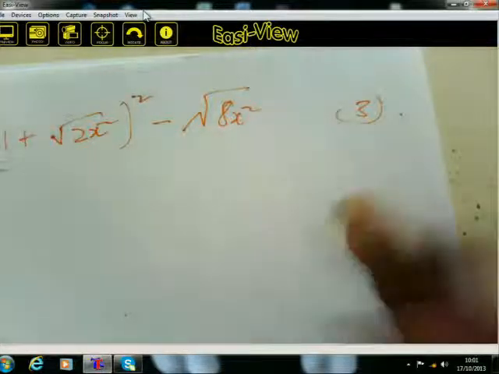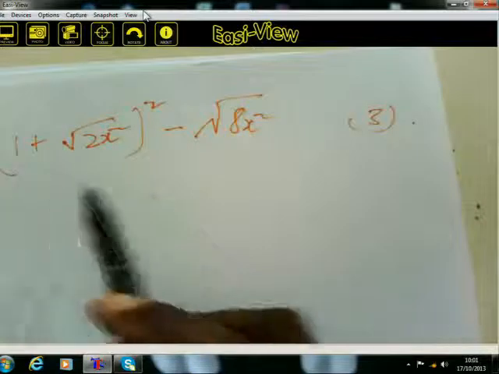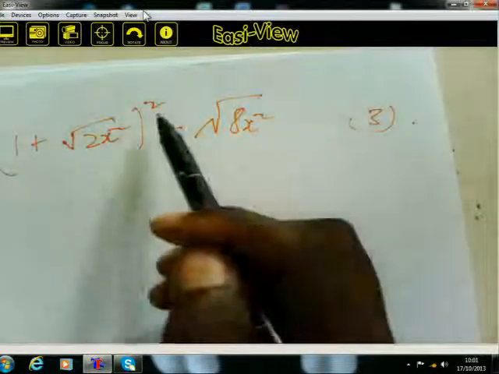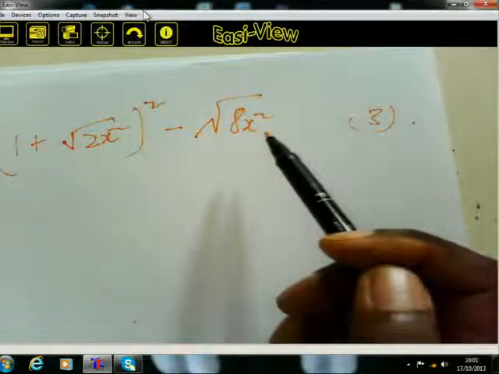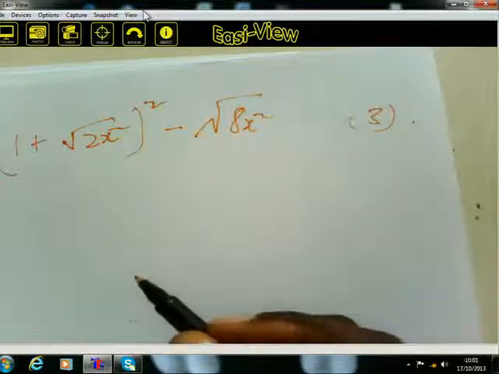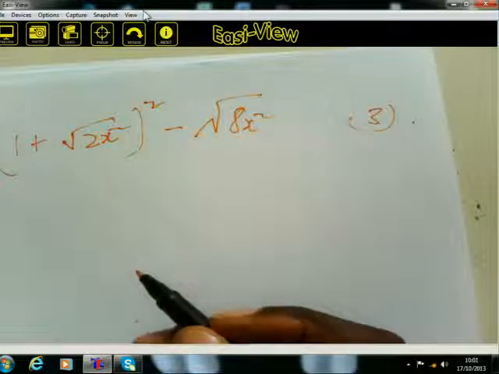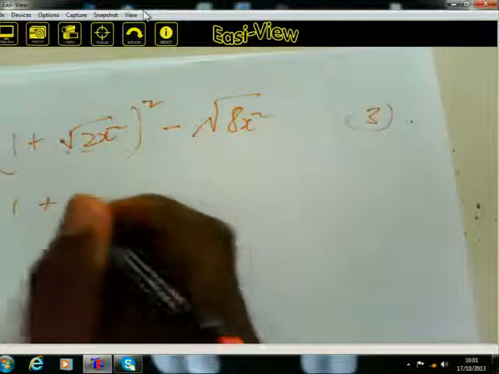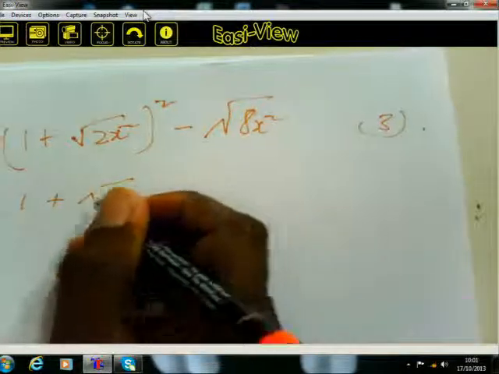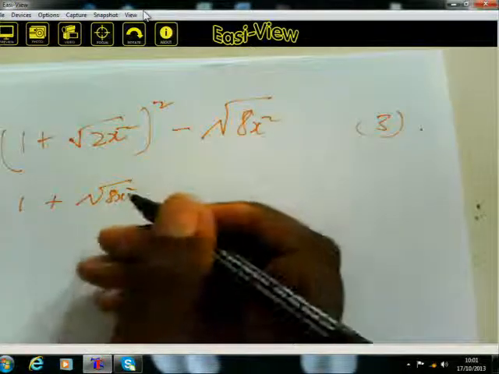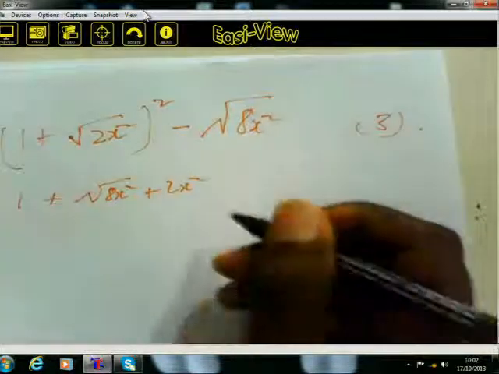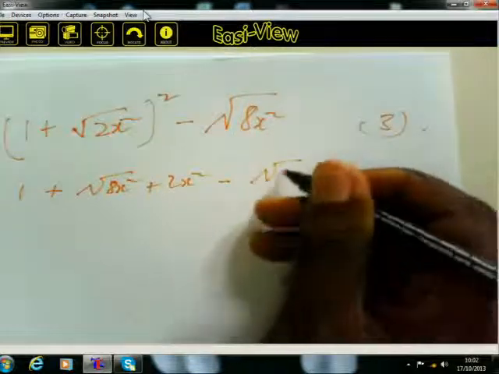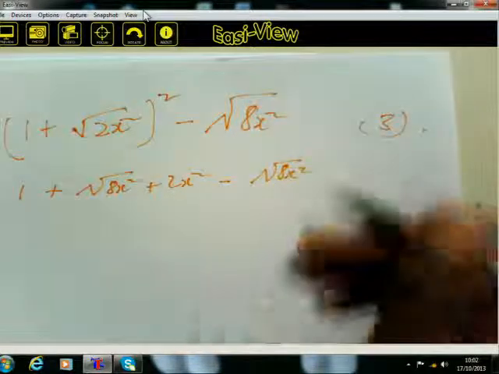Okay, folks, let me give you the solution of this. I had 1 plus the root of 2x squared, all squared, minus the root of 8x squared. Now this will be the same as 1 plus the root of 8x squared plus 2x squared minus the root of 8x squared.